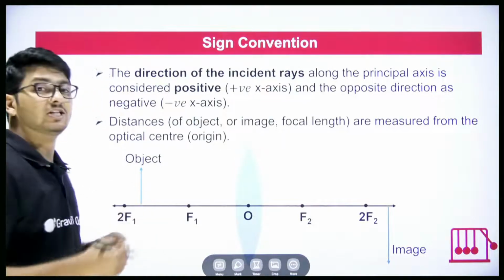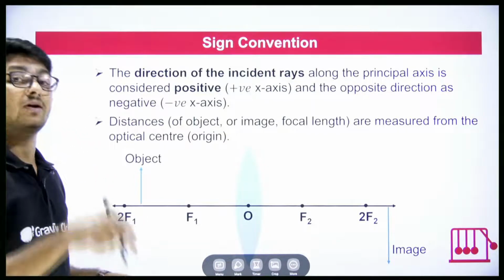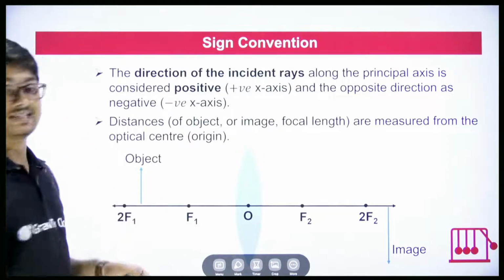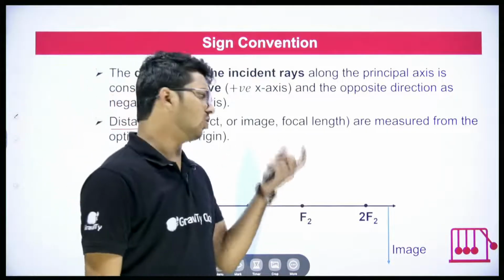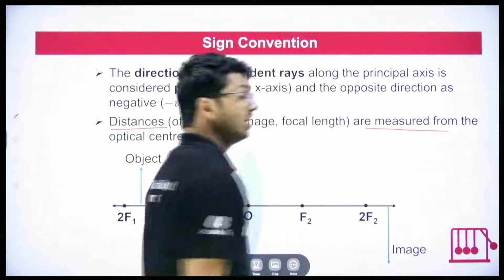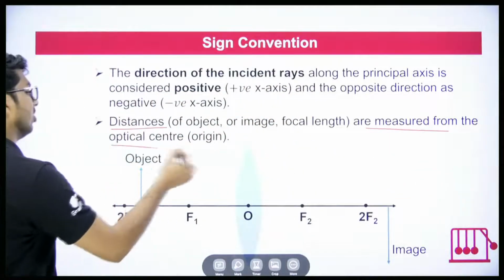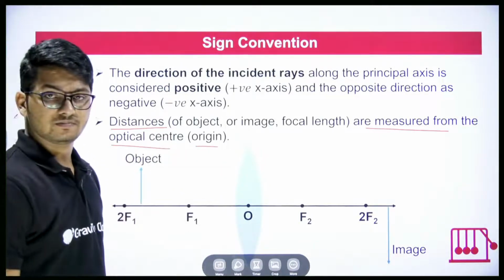They are measured from the origin. But what is origin here? The optical center of the lens is the origin. So the distances, whether of object, of image or of focus, focal length itself, are measured from the optical center, which acts as the origin.